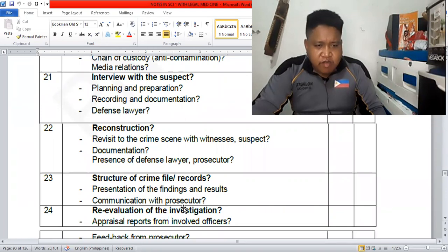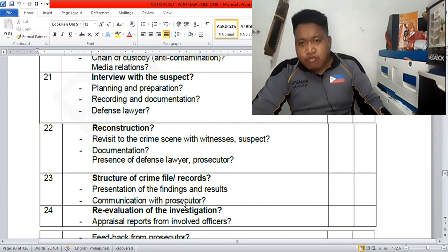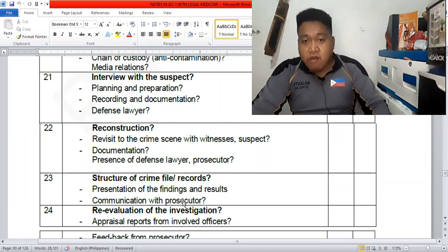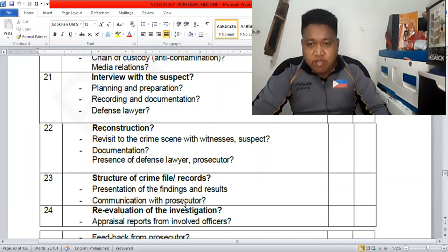Then 23, the structure of crime files, presentation of the findings and result. Then again, coordination with the prosecutor. Parating yung isipin ng prosecutor, siya ang magtutuloy sa inumpisahan mo, no? Na investigation para magsampa ng kaso sa korte.